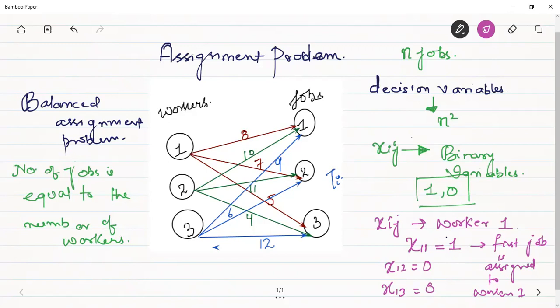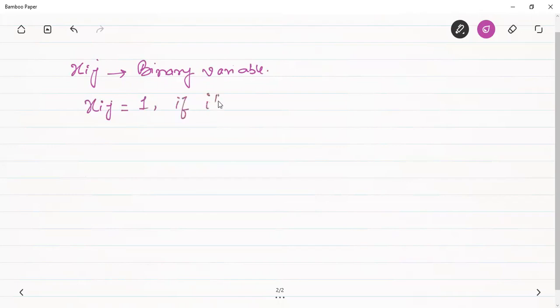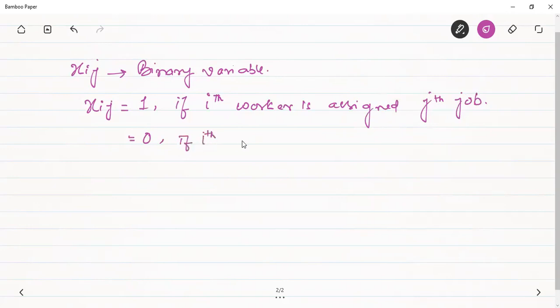Therefore, I can write that this xij is a binary variable, and xij will be equal to 1 if the ith worker is assigned job j, or it can be equal to 0 if the ith worker is not assigned job j.